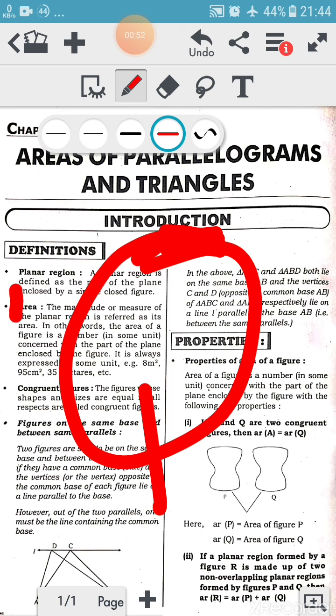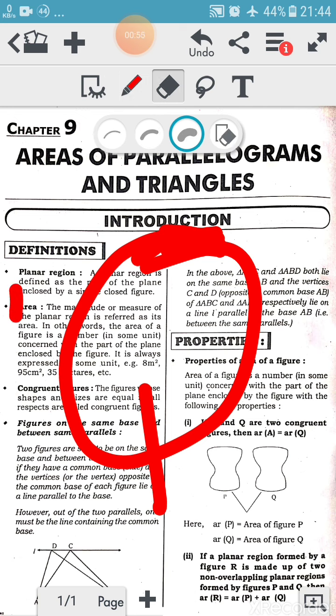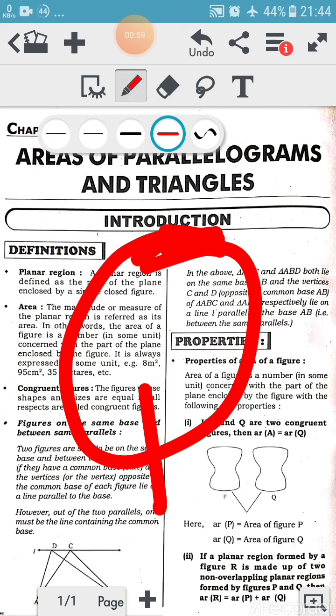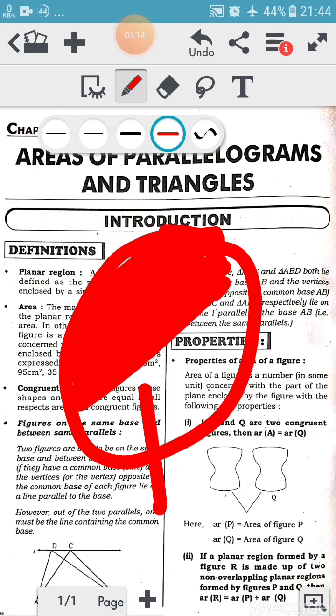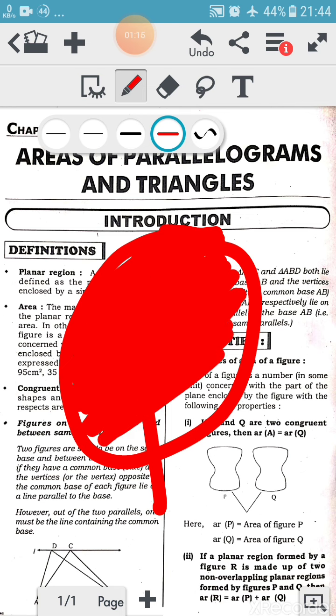And now after that, here you see area. The measure of the planar region is referred to as its area. So suppose the space that this planar region is covering. This planar region is covering this much area in this plane, covering or not?